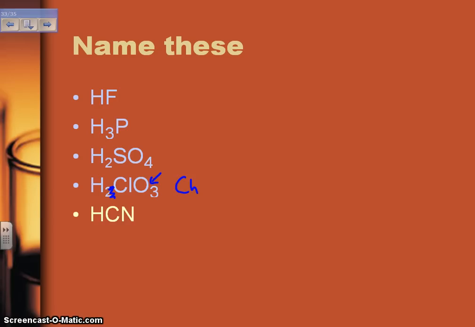Oxyacid, this would be chloric acid. Now, HCN is one of your polyatomic ions, but it does not contain oxygen. Since it does not contain oxygen, we would consider cyanide. This would be a binary acid. So we'd call it hydrocyanic acid.